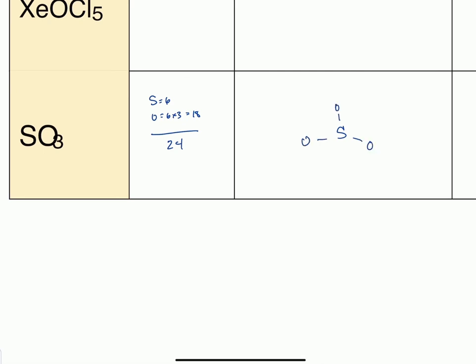So 24, and I've used up, so now I'm down to 22, to 20, and to 18. 16, 14, 12, 10, 8, 6, 4, 2, 0. Now my sulfur does not have enough electrons on it. There we go. And again, you could have put it in the other oxygens.